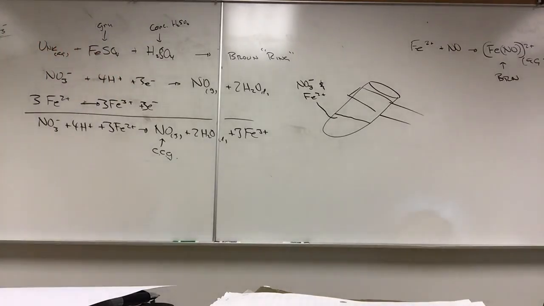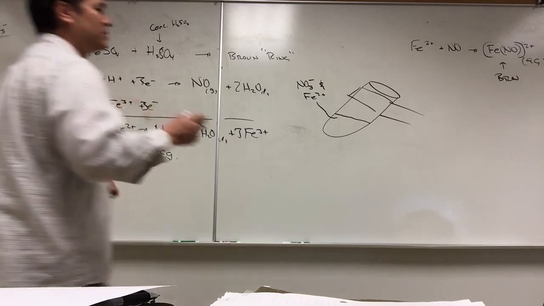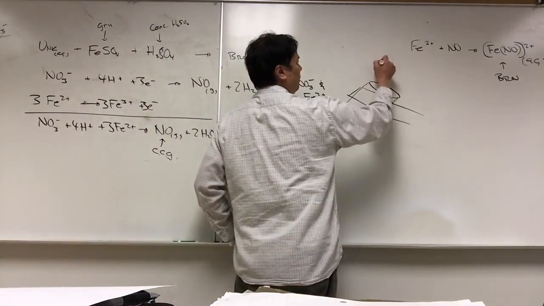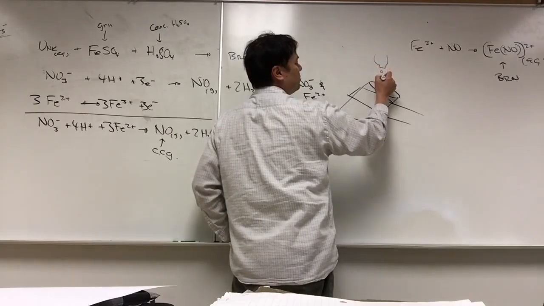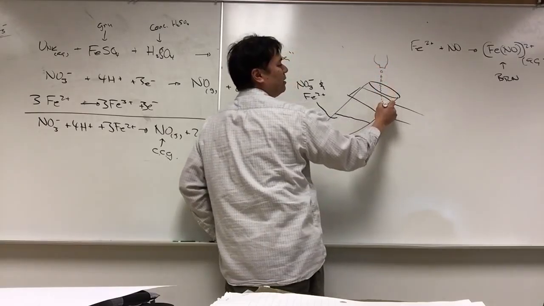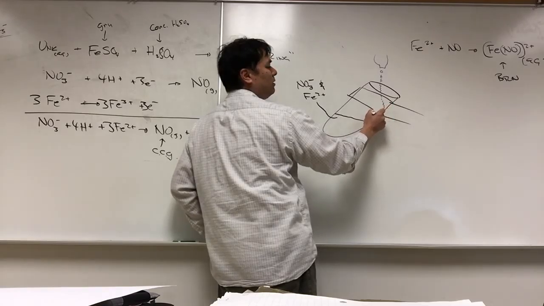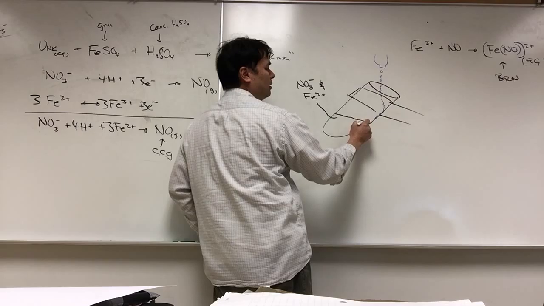And then sulfuric acid is like a syrup, a viscous syrup. And so as you drop the sulfuric acid into the test tube, what you want it to do is hit the inside wall of the test tube and then just slowly flow down the side.